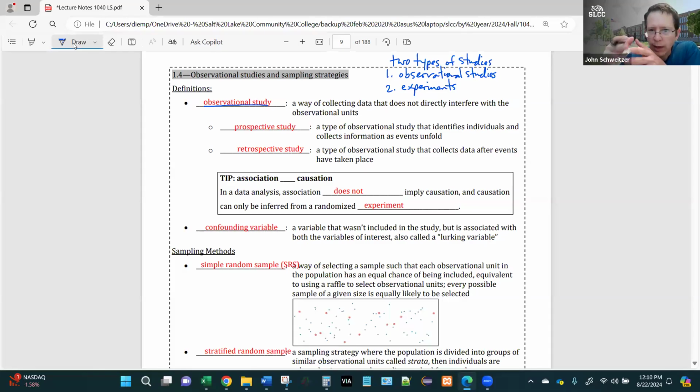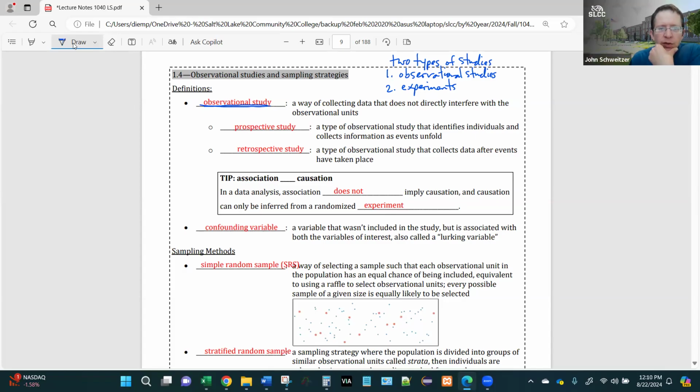So you call people and ask, hey, who are you going to vote for? That's observational because you're not trying to convince them or anything. You're just trying to see what's going on with them, right? An experiment is where you actually intervene and you change something about that person or that observational unit. We're going to talk more about experiments later, in chapter 4. Okay, so that's what an observational study is.